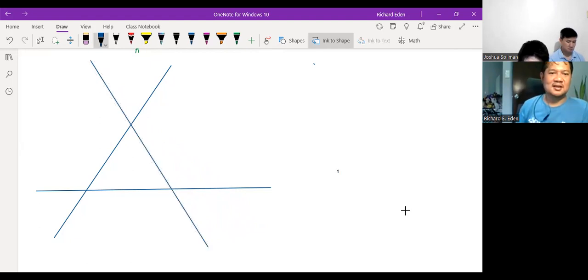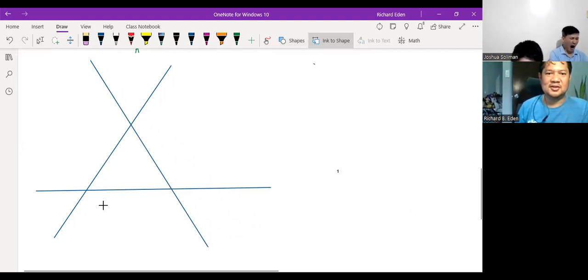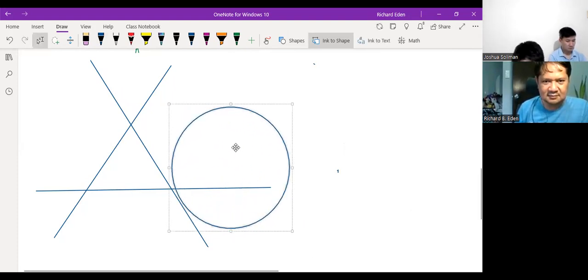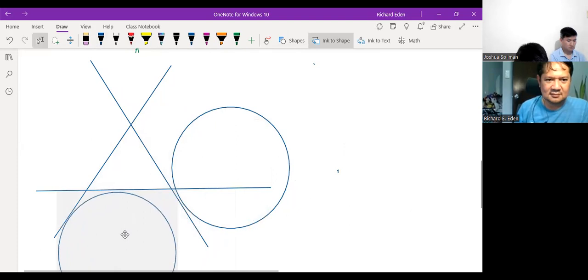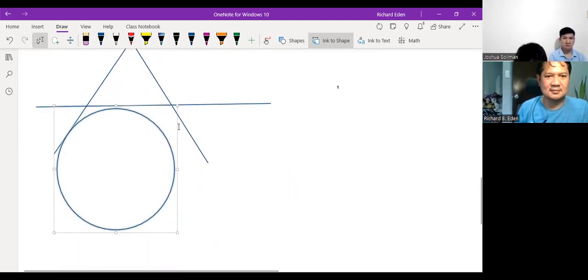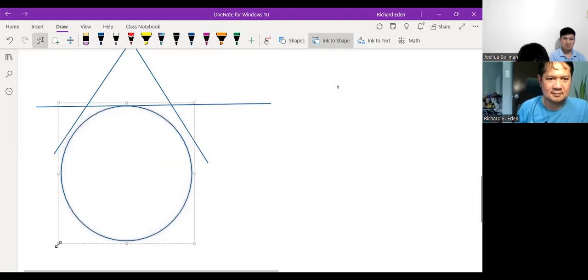Medyo po scaling. Okay, now we draw circles. Circle. Of course, GeoGebra. Looks fitting enough. Konti pa.